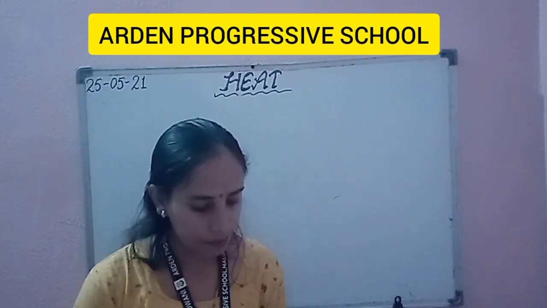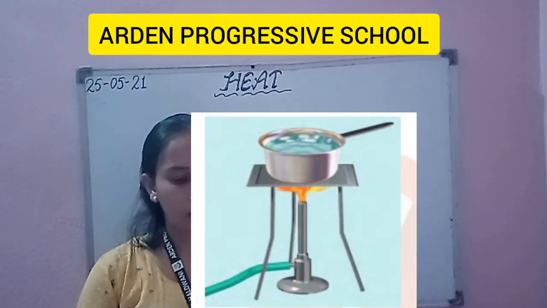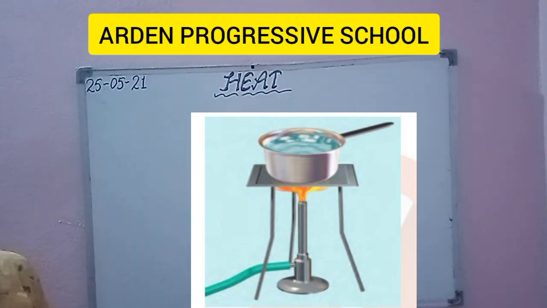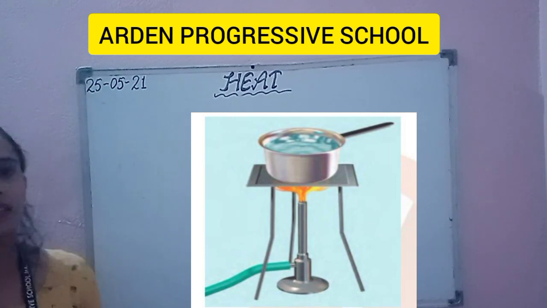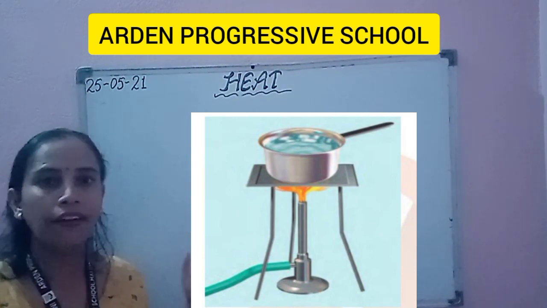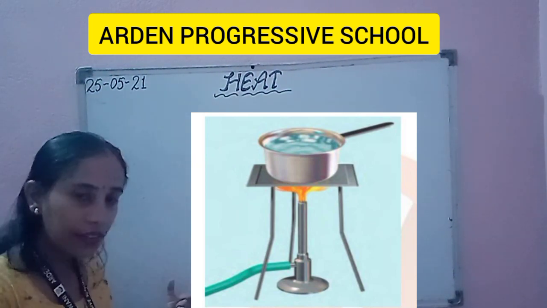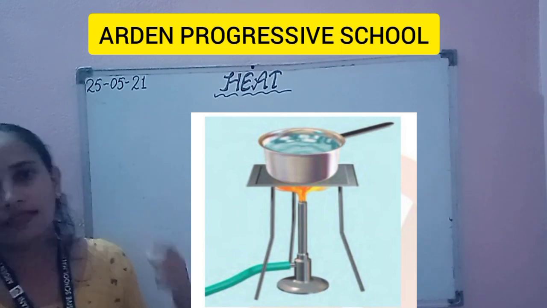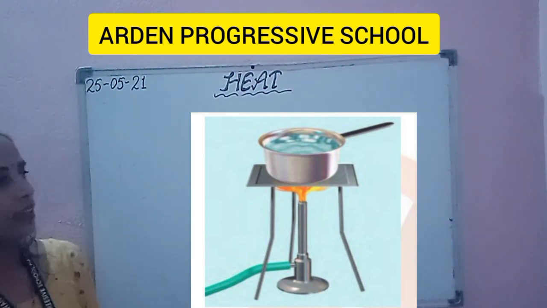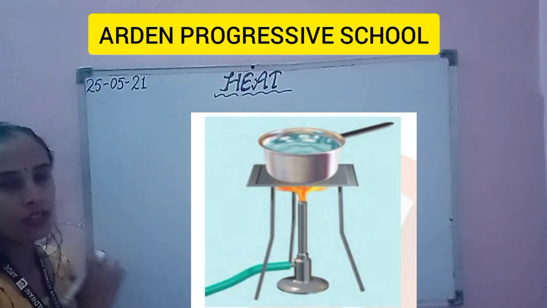Okay, now the next question is a diagram where you have to tell the process of conduction, convection and radiation: where the conduction takes place, where the radiations are and what is the convection. So see, the radiation comes from the burners. So this is the process of radiation.